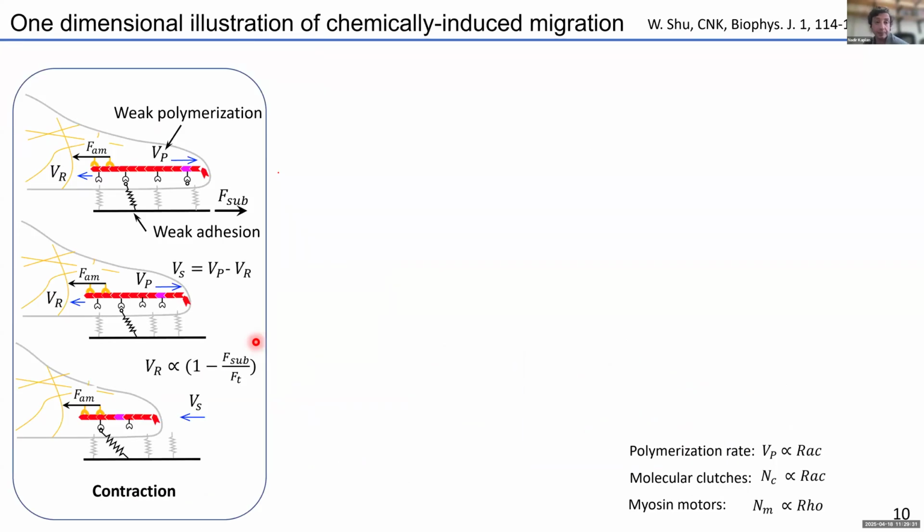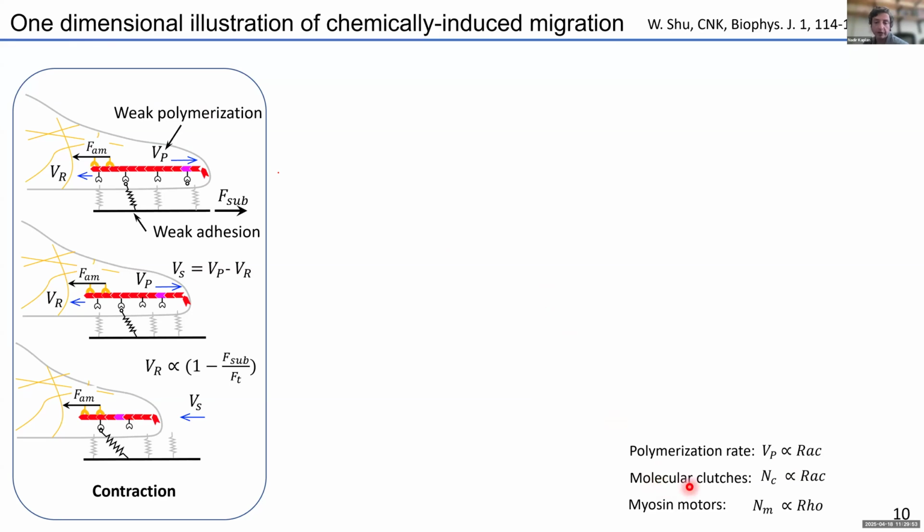So with that, let me give you a pictorial overview of how chemically induced migration occurs, or in other words, how chemistry is coupled to mechanics during migration. As a reminder, the polymerization rate of actin is proportional to Rac signals at the front.